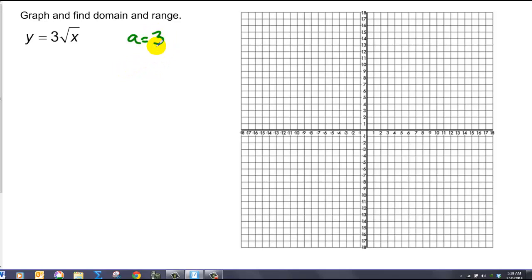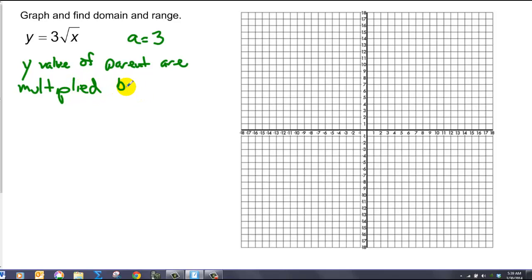And because a is what we call a vertical multiplier, y values of the parent are multiplied by a factor of 3.